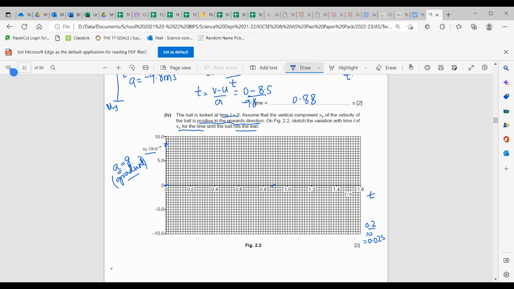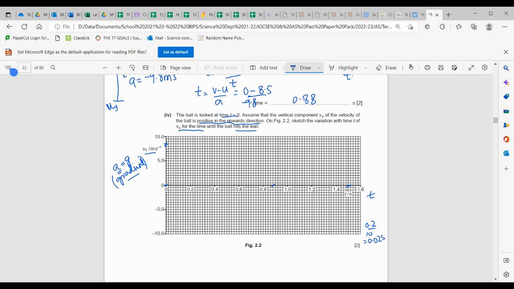Now, the graph will continue till a total time of 1.5 seconds because that is the time when the ball reaches the ground. So the graph should finish here at the fifth line. Now, we have to make a straight line.